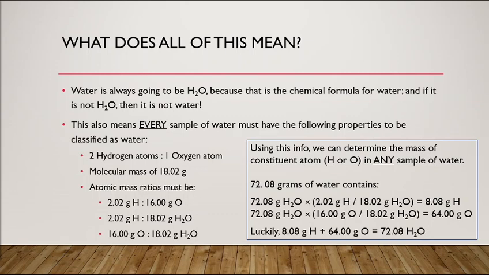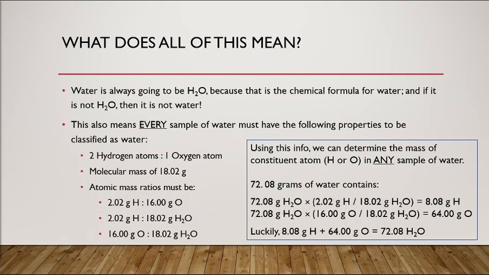And so we can figure out the mass of hydrogen, or the mass of oxygen, in any sample. And so just a random number that I started typing out, 72.08 grams of water, we know it contains the same number of oxygens and the same number of hydrogens as every other sample of water.